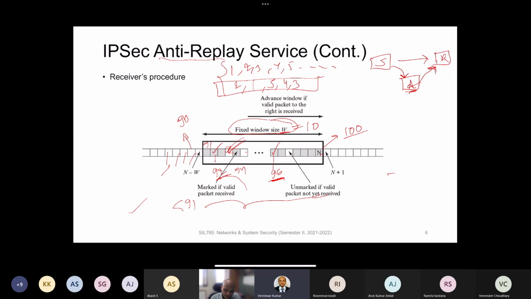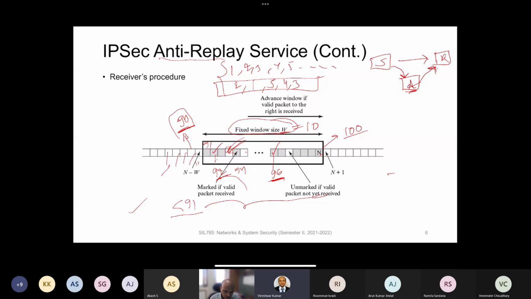Therefore, after the receiver has received packet 92, it receives this packet 90, which is probably replayed by the attacker. Because in IPsec the receiver follows the procedure that if the received packet's number is outside the range of the window on the left-hand side, the lower side, then you are going to reject it, and that is how you will prevent replay attacks.